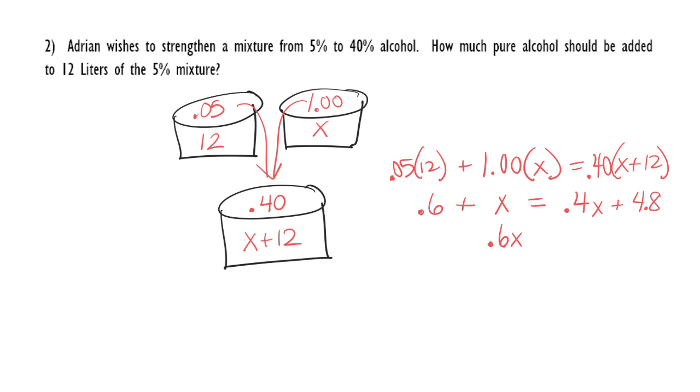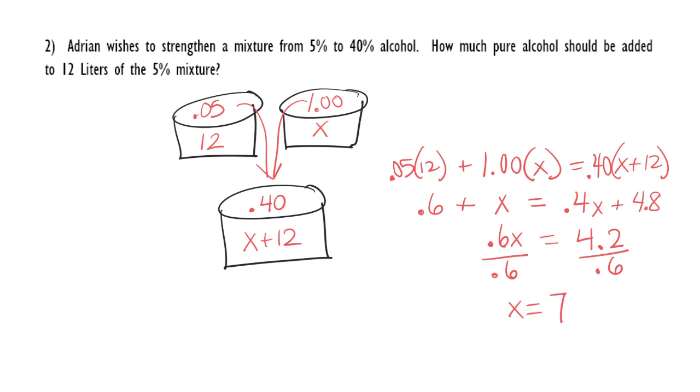I'm going to subtract the 0.6. When I subtract 0.6 from 4.8, I'm going to have 4.2. And then I just divide. Man, I'm getting lucky here. These are actually coming out nice. And I'm going to end up with a 7.